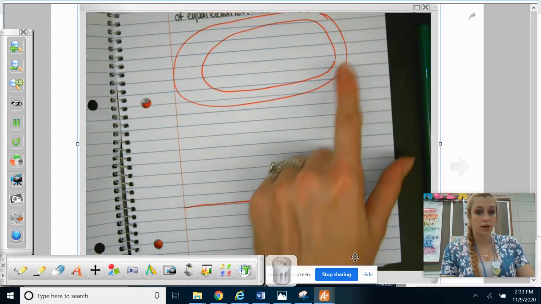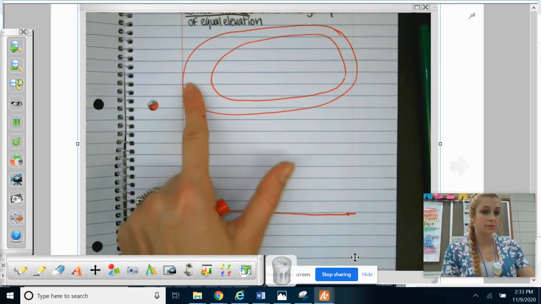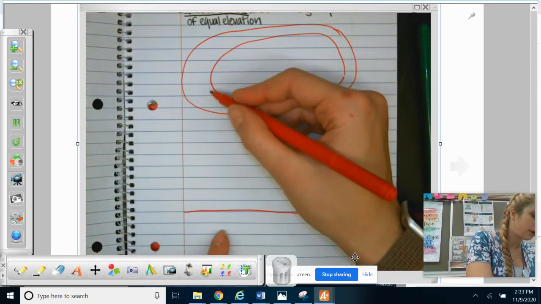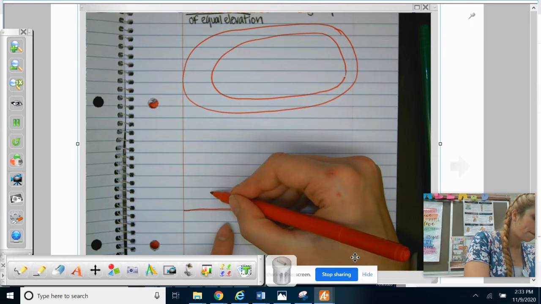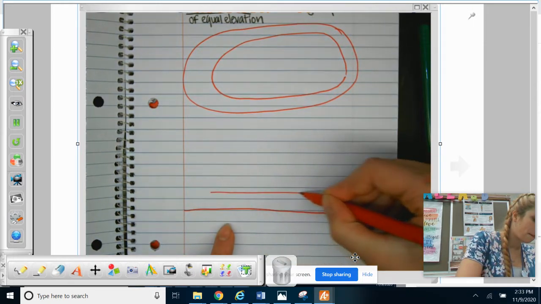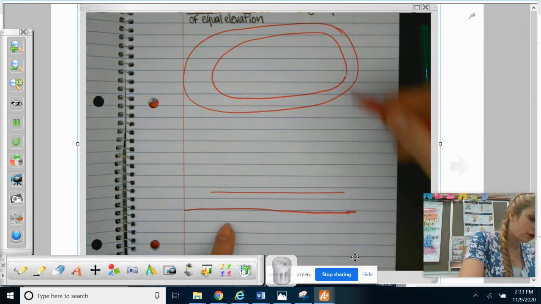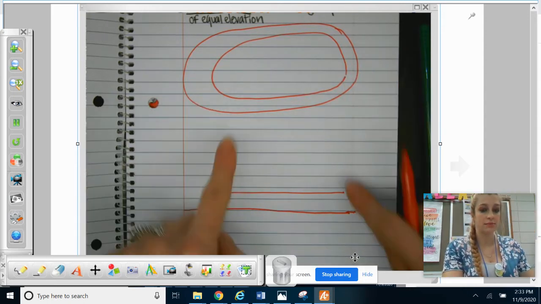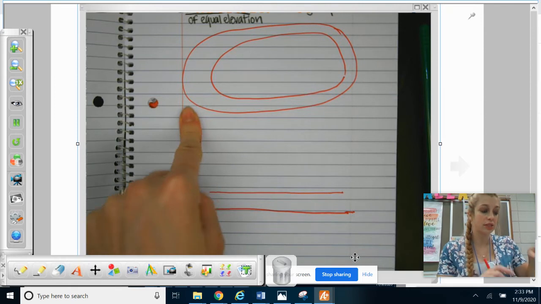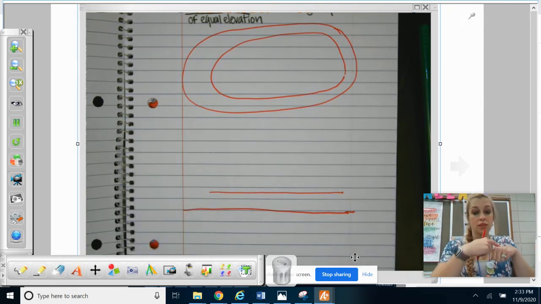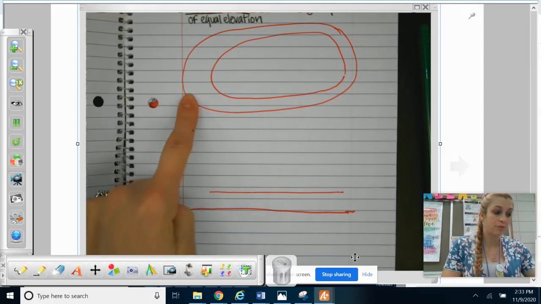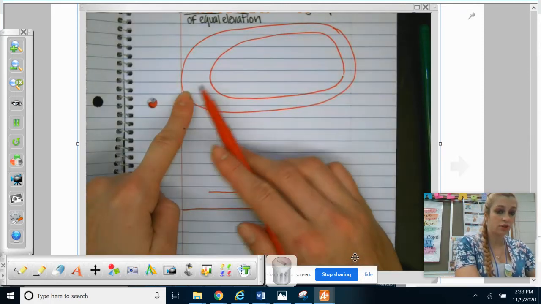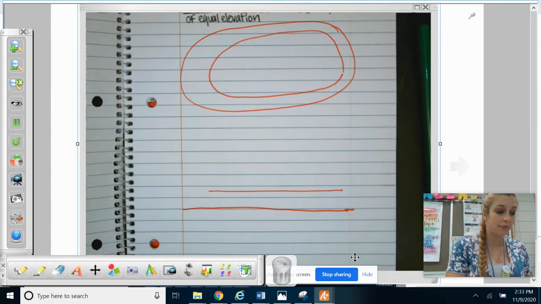But notice I made it closer to this side and I left some space on this side. So now I'm going down, drawing a line across, and making it the same width as my circle. So this big circle is like the lowest point on my knuckles. This is our lowest point of elevation, closest to sea level. Every time we draw another circle, we are moving up the mountain. So I'm going to draw about 4 more circles.